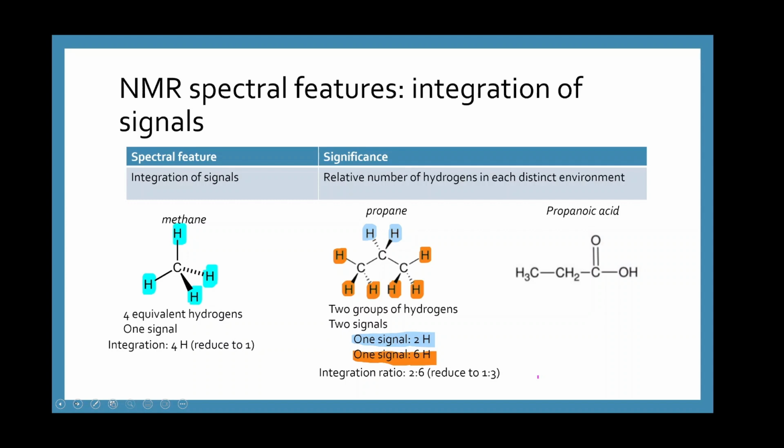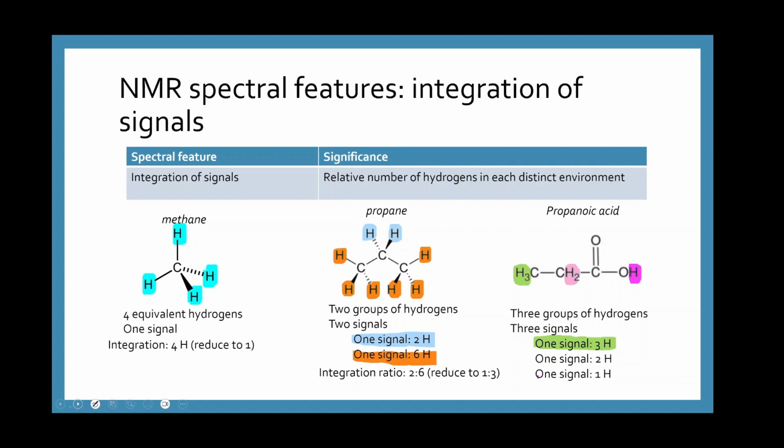Here's another example, propanoic acid. Propanoic acid has 3 groups of hydrogens. This first CH3 group on the end would produce its own peak. Next, we have the CH2. That CH2 would produce its own peak as well. And then we have the OH. So the first signal would correspond to the 3 CH3 hydrogens.